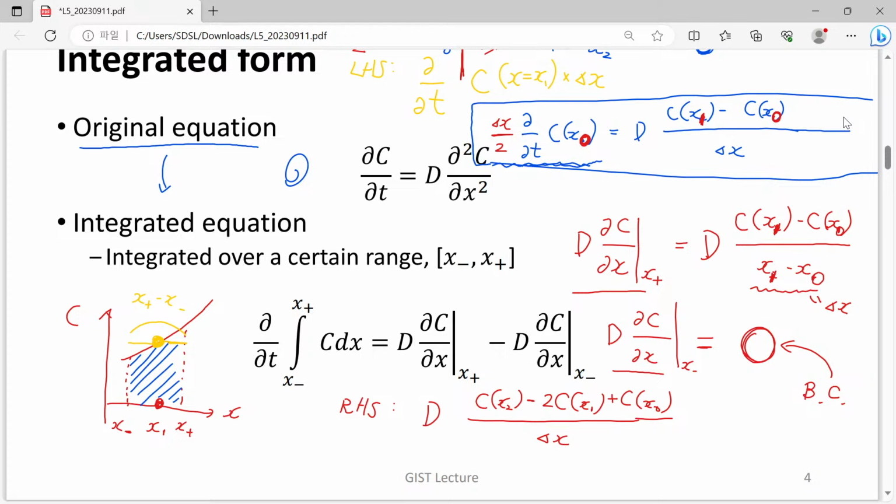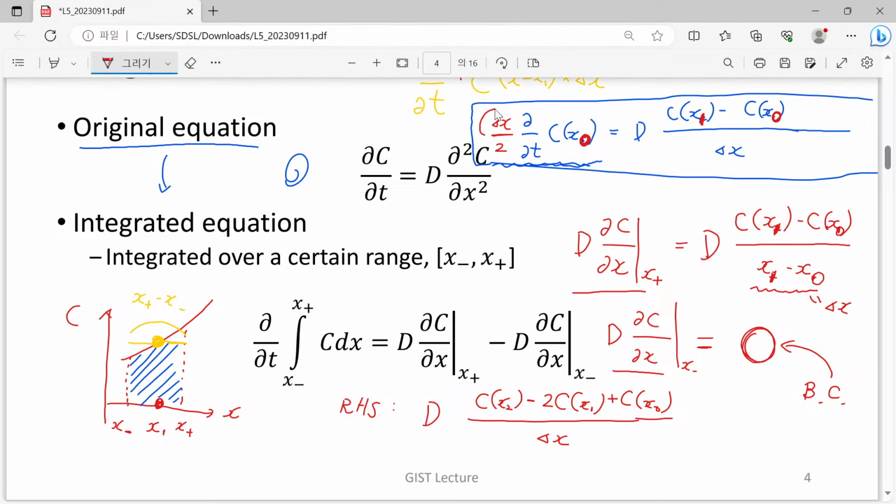So this is just the integrated diffusion equation, however, centered at x0, the boundary node, and we have applied the boundary condition already. So that blue boxed one is now the suitable discretized form of our diffusion equation. Then finally, let's do the same thing.